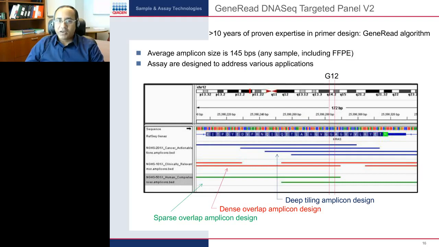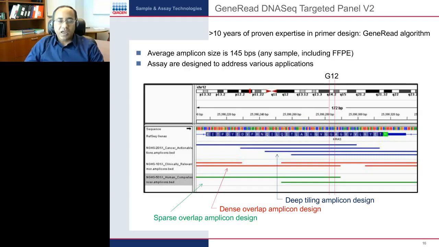the clinically relevant panel, which is more of a mid-size panel as it has 24 different genes, there we have dense overlap of amplicons. However, when we are talking about the comprehensive cancer panel, which is very large in size and has genes in a range of 160 or 165 genes, there we have less overlapping amplicons.